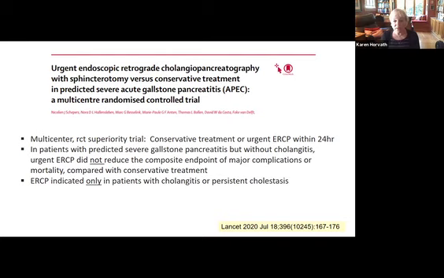It was a multi-center randomized controlled superiority trial of conservative treatment or urgent ERCP within 24 hours for predicted severe gallstone pancreatitis. What they found was that in these patients who did not have cholangitis, urgent ERCP did not reduce the composite endpoint of major complications and mortality compared with the conservative treatment. And so basically, ERCP is only indicated in patients with cholangitis or persistent cholestasis.